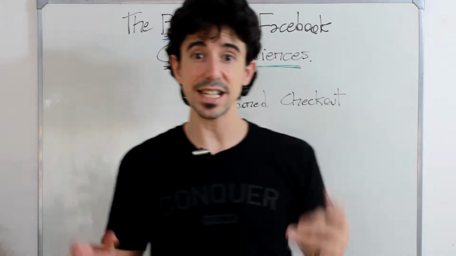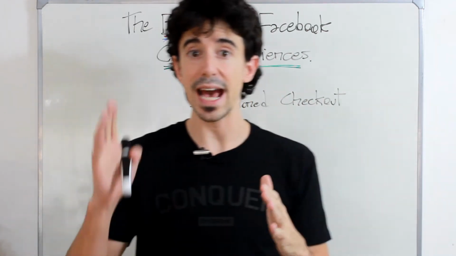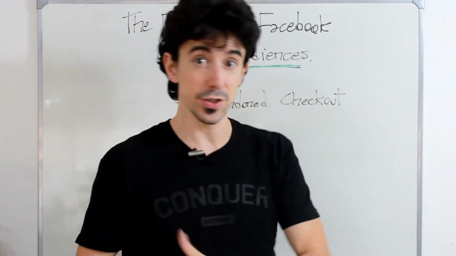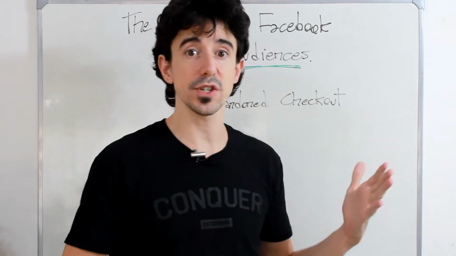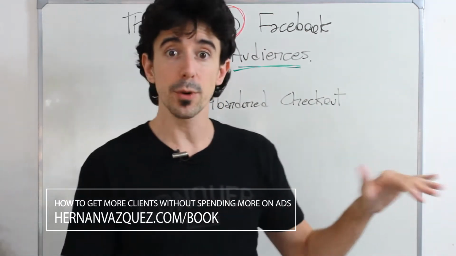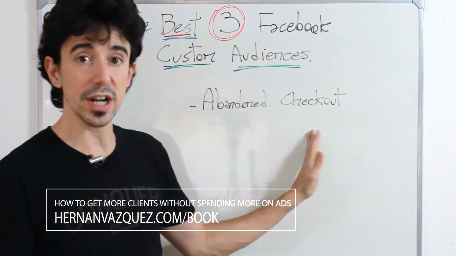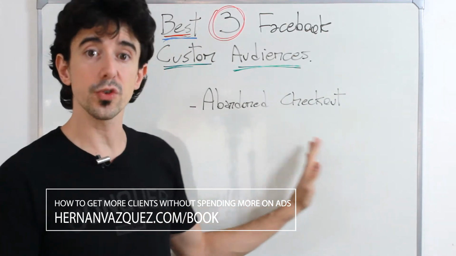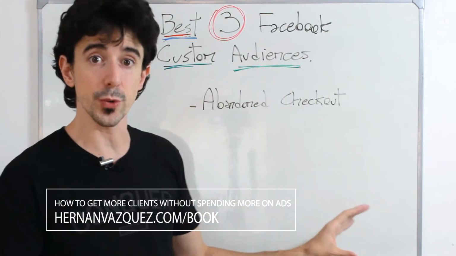So I make the difference between abandoned checkouts and purchasers. Go back and watch the live stream where I talked about how to explode your income online by targeting abandoned checkouts, where I walk you through step by step the strategy that I personally use to actually separate these two.